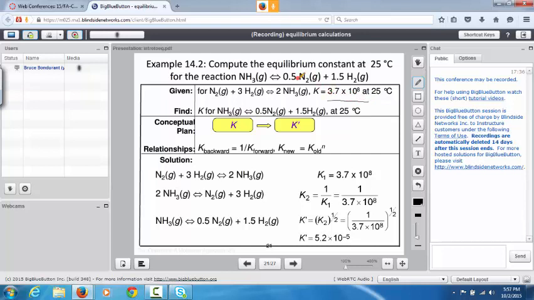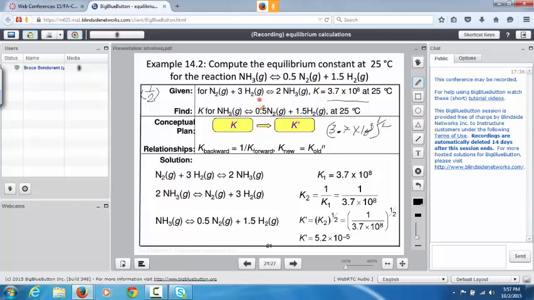Now we've got a half an N2 and a 1.5, so that really means you're multiplying this reaction through by 1/2, which means that you would end up with 3.7 times 10 to the 8th to the 1/2 power.